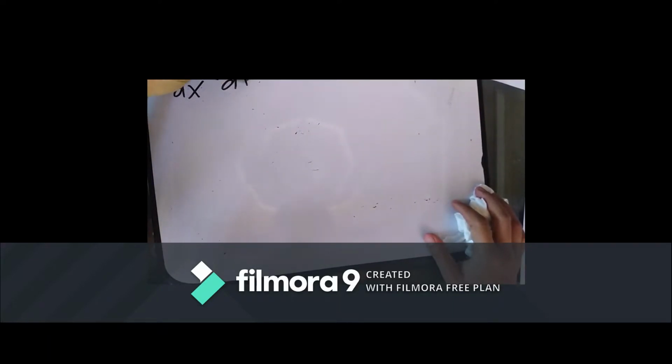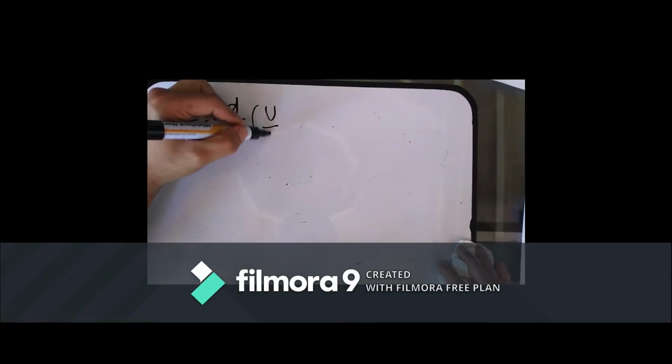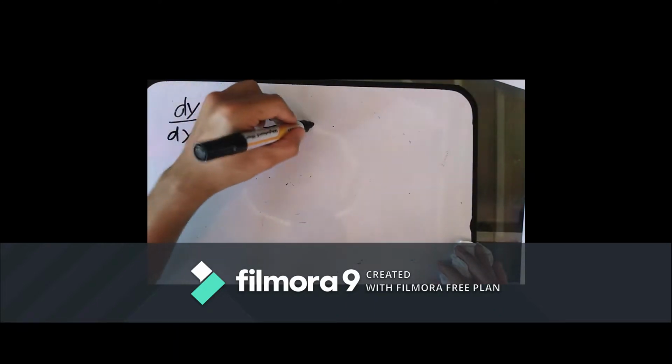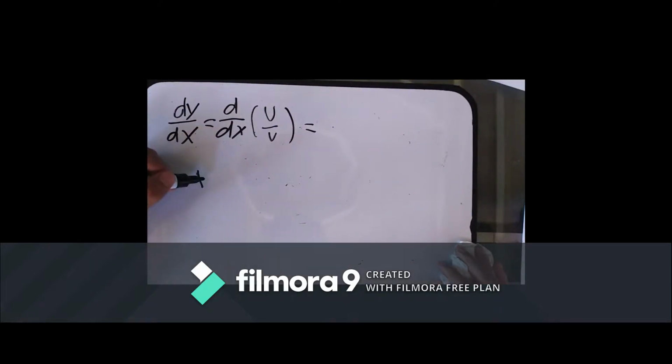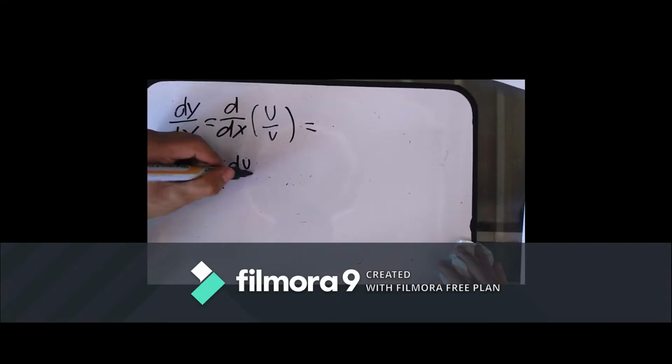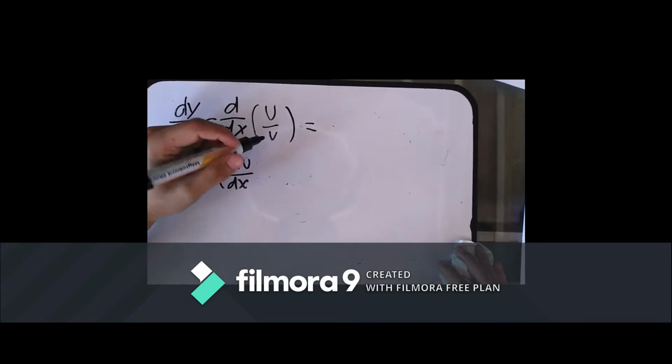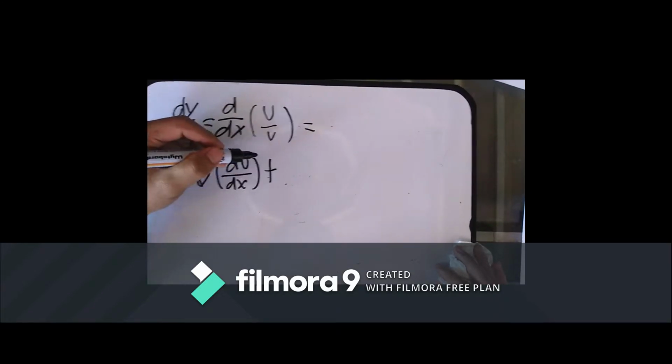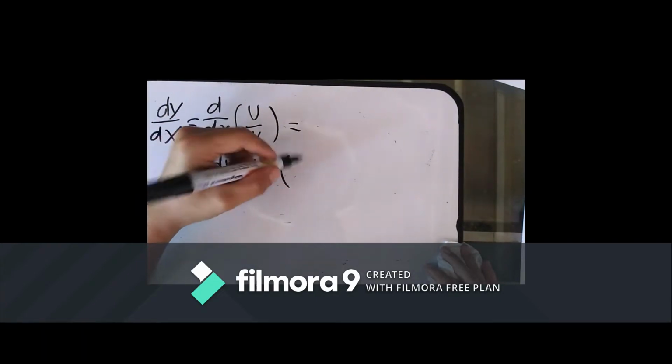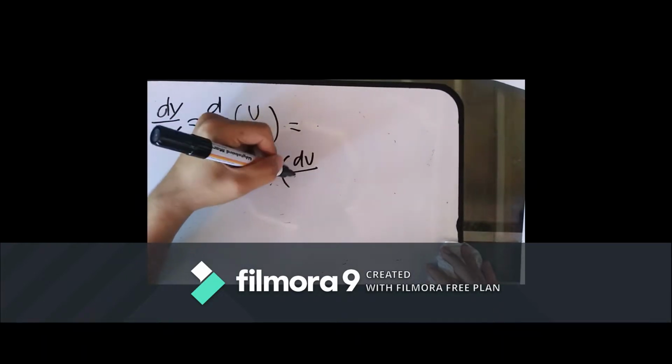And the third derivative is the product rule: dy over dx is equal to d over dx times uv is equal to u times dv over dx plus v times du over dx.